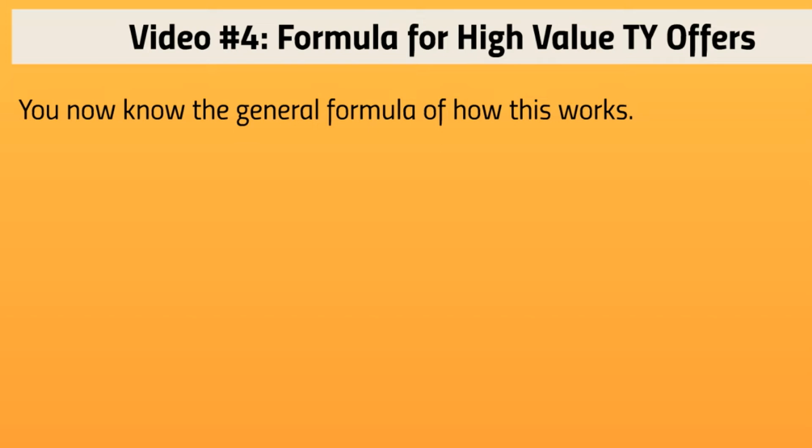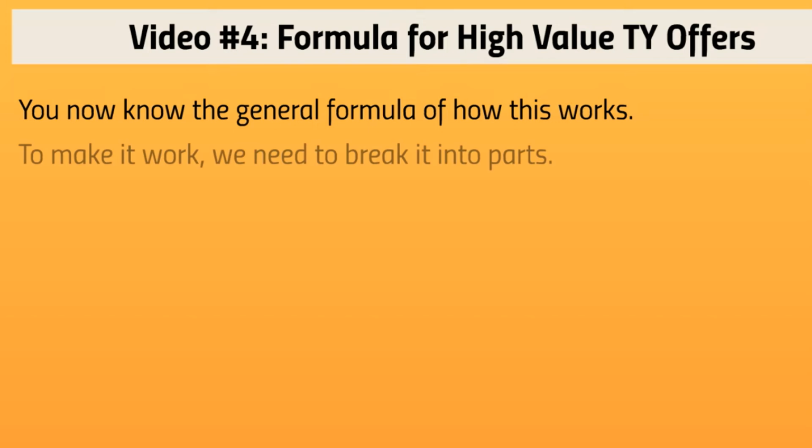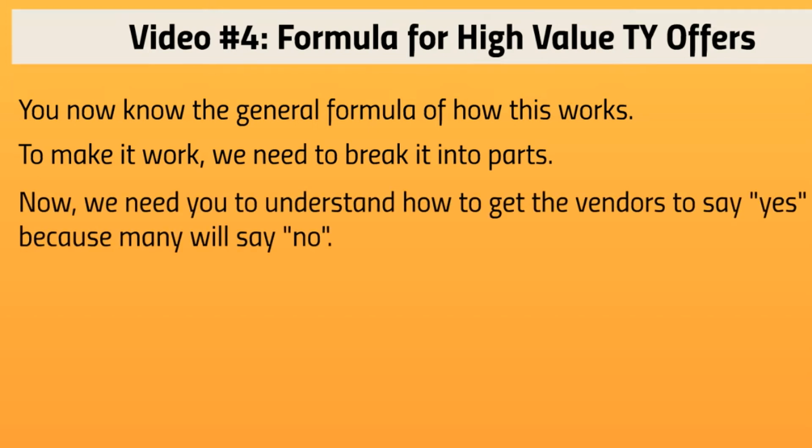So you really have to think about how you can offer something of value, but not in direct competition, if that makes sense. To make this work, you really need to break it into parts. And here's what I mean by that.